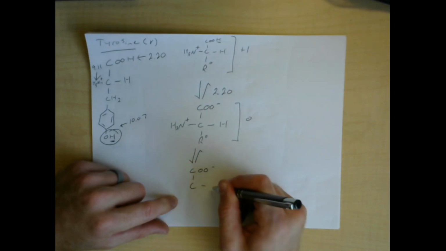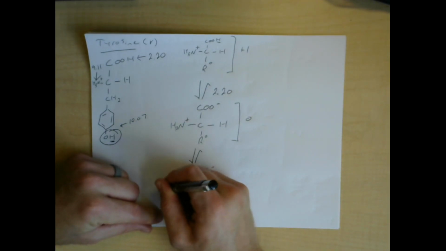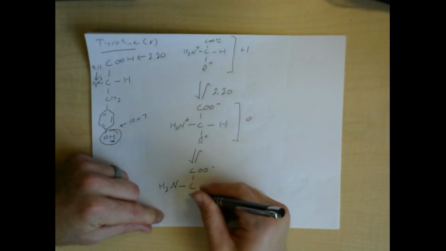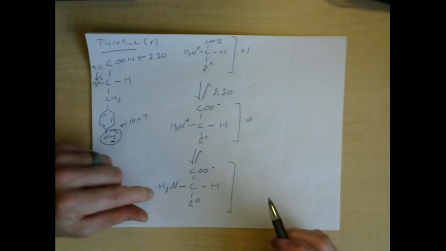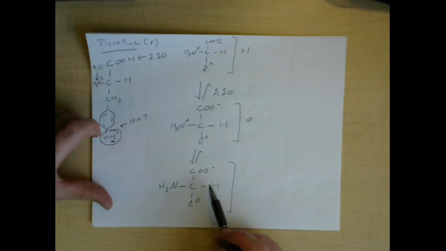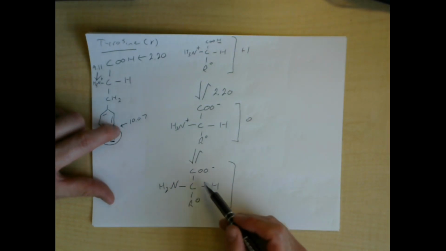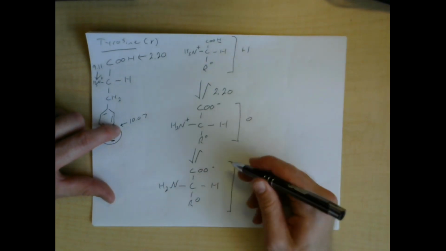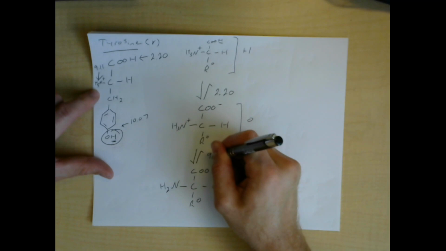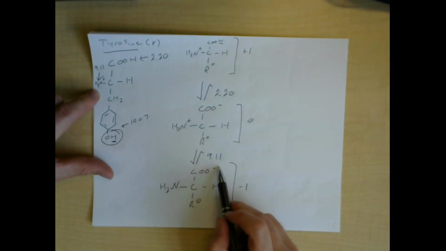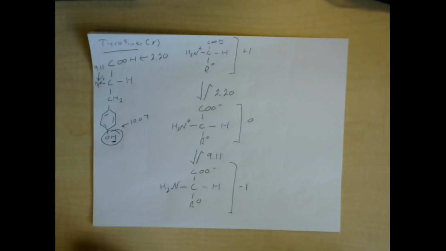Carboxylate, C, H2, N, R. Okay, now my overall charge is -1. -1, 0, 0, -1. And the pH that gave me that was 9.11.